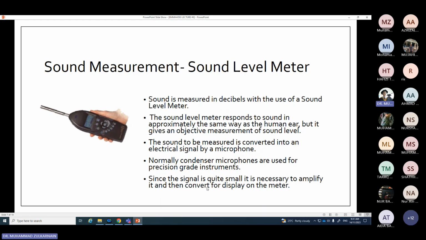Since the signal is quite small, it is necessary to amplify it and then convert it for display on the meter. So the sound is converted from the microphone to an electrical signal, which is then read on the display and converted again into the sound level. That's how the device works.